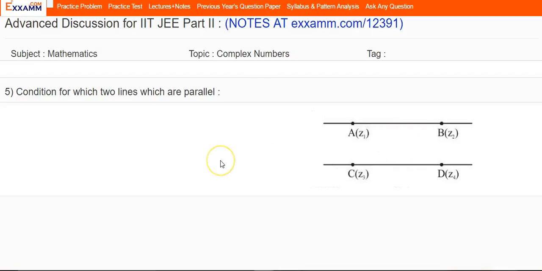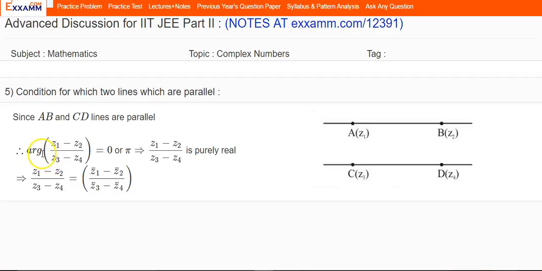So what would the rotation formula look like in the case of two parallel lines? The argument of (z1 minus z2) divided by (z3 minus z4) is equal to 0 or pi.